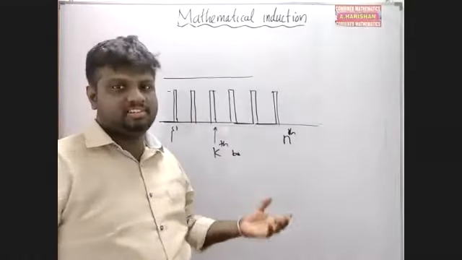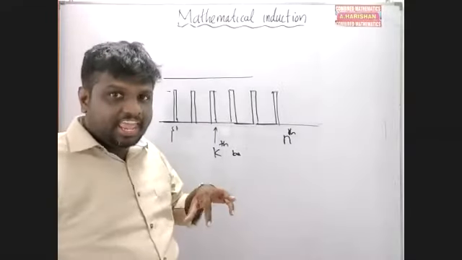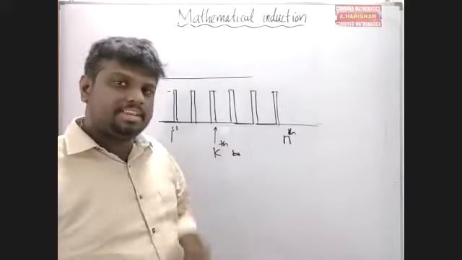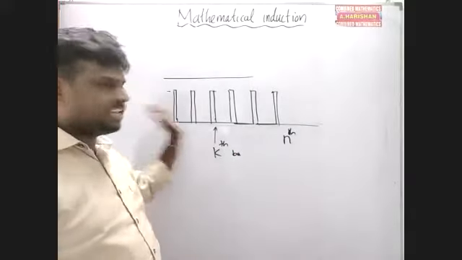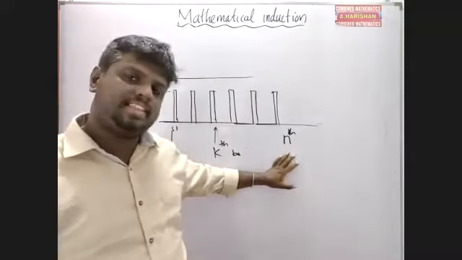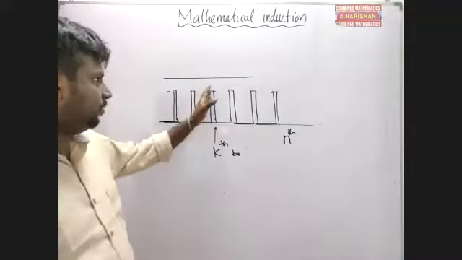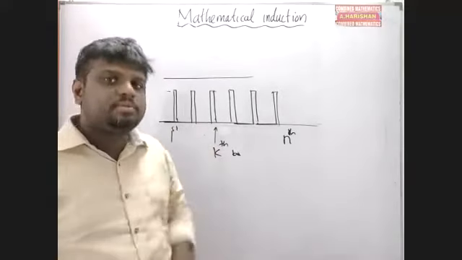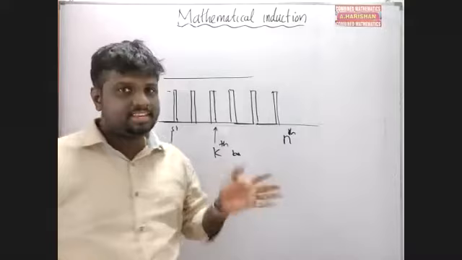Definitely it will fall, right? If we can prove that, now I'm converting to mathematical things. The first one is a natural thing: if I push the first book, definitely the book will fall. Then mathematically I need to say consecutive books are falling. So what is that?